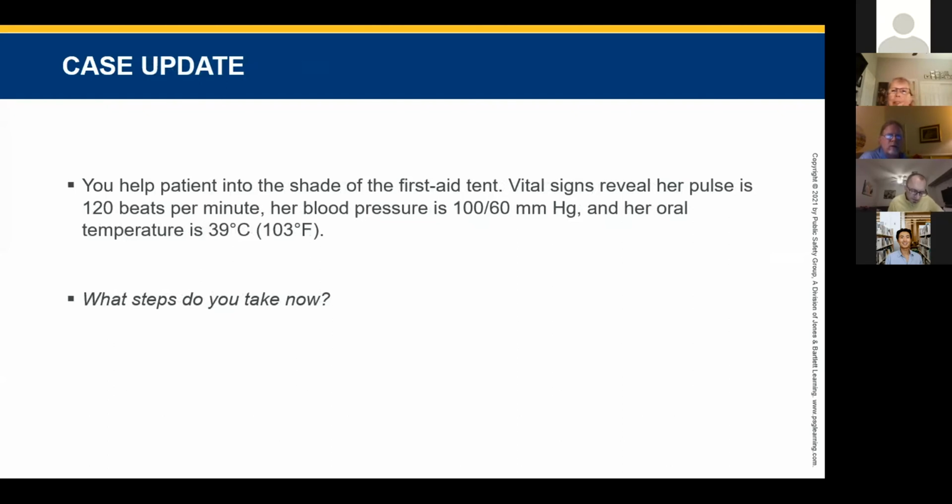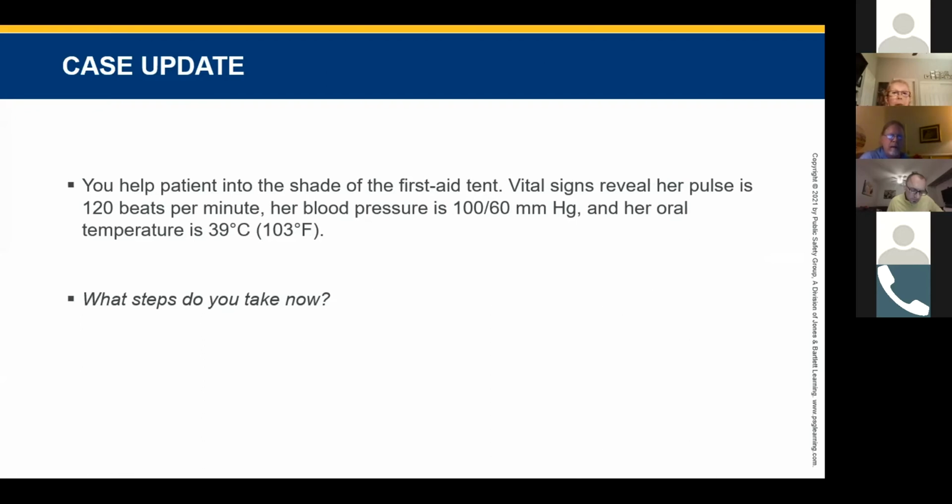So what did this tell you already? The 103 would be very concerning. If we can't get that cooled down with ice, then we need to transport her. She's already into heat exhaustion. At that high, you're looking at transporting her when you see something that high.